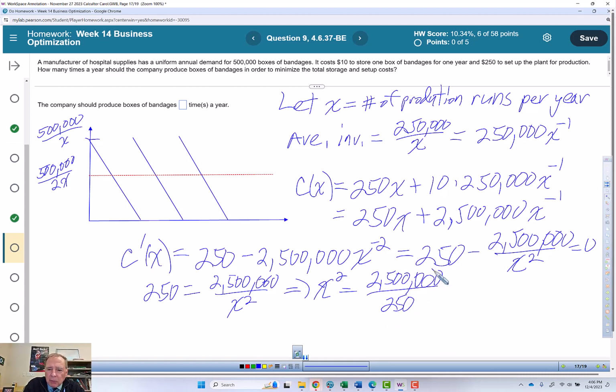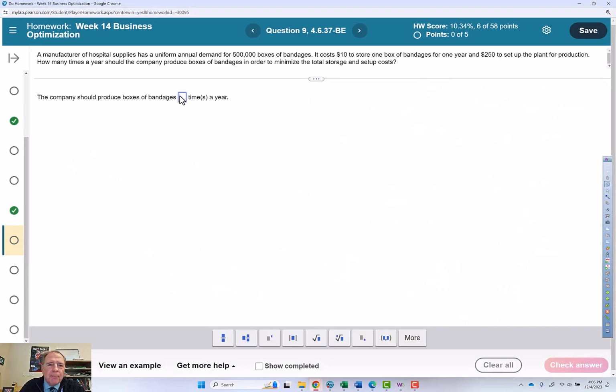So we can cancel the zeros there, and we can cancel the 25 to, that's 10,000, so x squared equals plus or minus 100. And negative production run doesn't make sense, so we're going to go with 100.